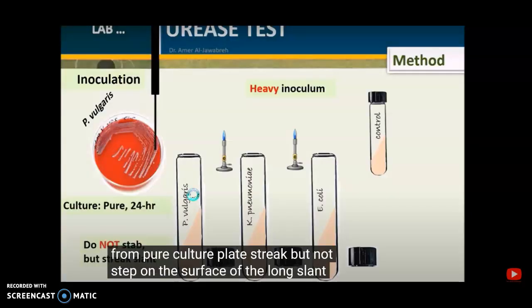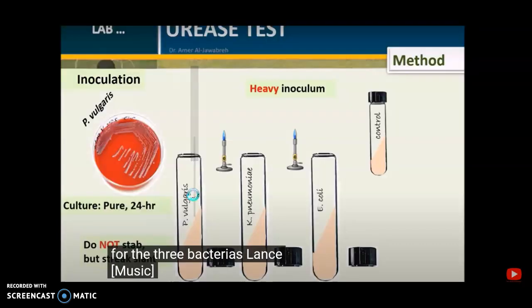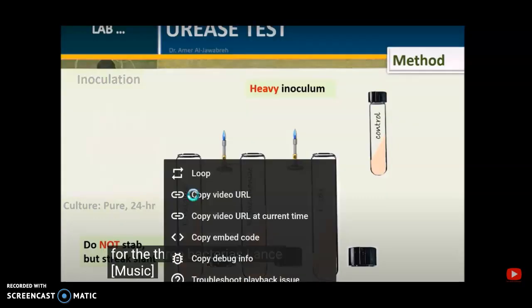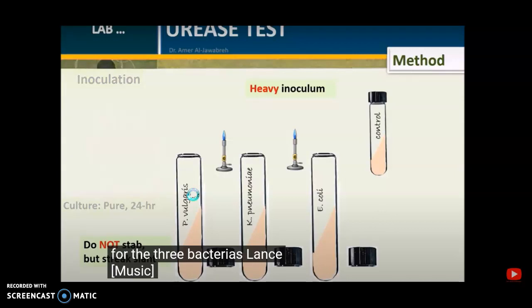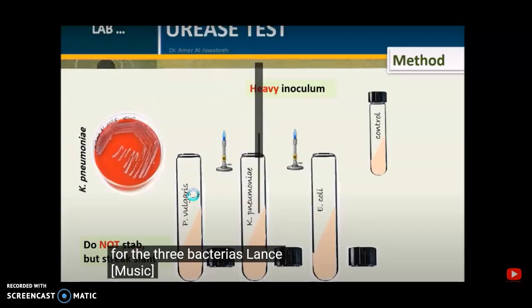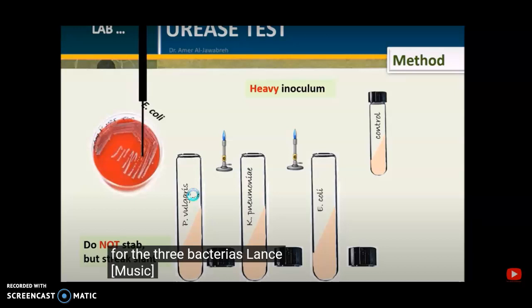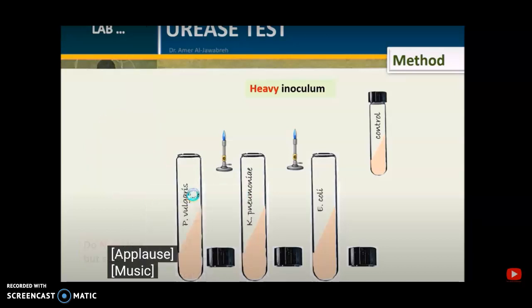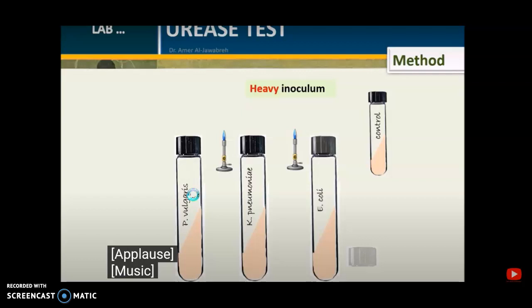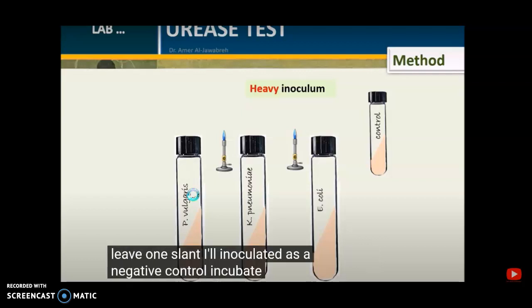They have taken the inoculation loop and started streaking the culture in the culture tube. Now again Klebsiella pneumoniae is being taken. In this way, all three culture tubes are streaked.